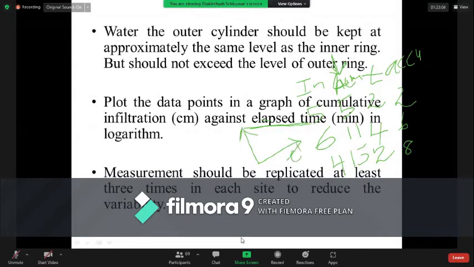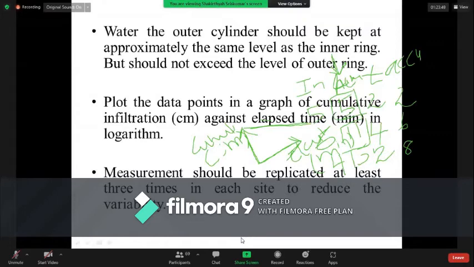Here, this is your elapsed time on the x-axis, and the y-axis is cumulative infiltration. You have to mention the units as well. But here you are going to use log values, so you can take the log values of each of these. Or else, if you are using your Excel sheet, first draw the normal graph of elapsed time and cumulative infiltration.